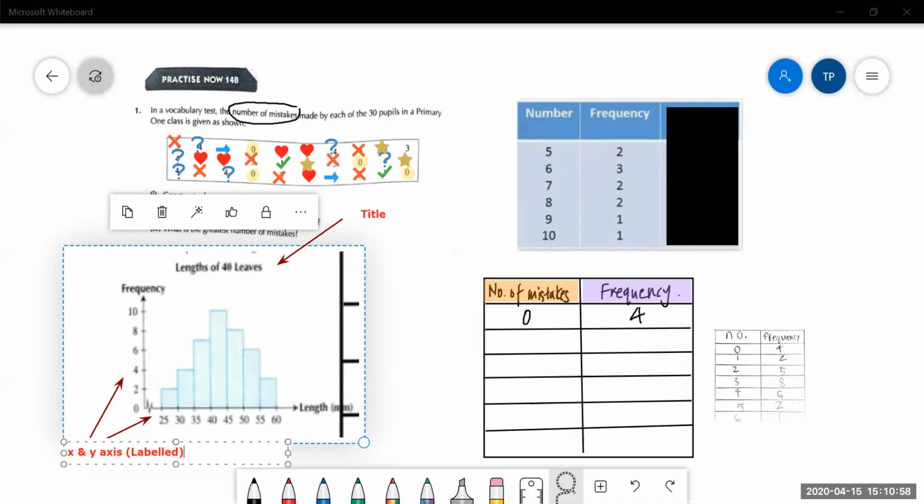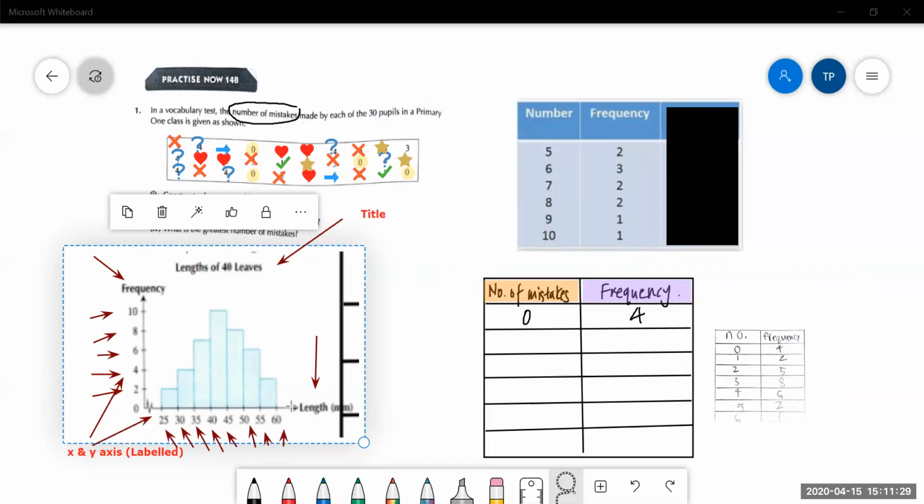When I say label them, I mean you have to label all these values, like 2, 4, 6, 8, 10, and the units, 30, 35, 40, 45, 50, 55, 60, all these. And then the unit also.